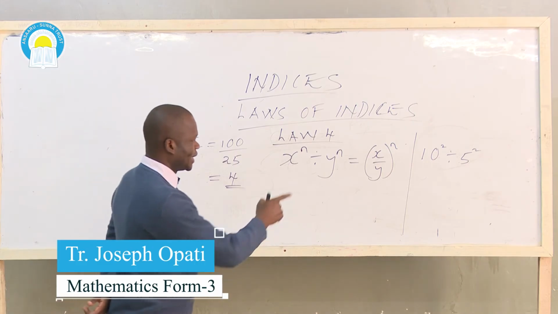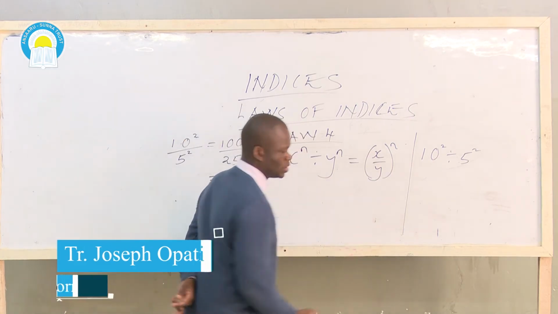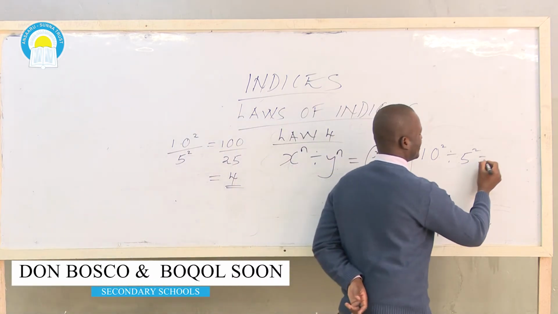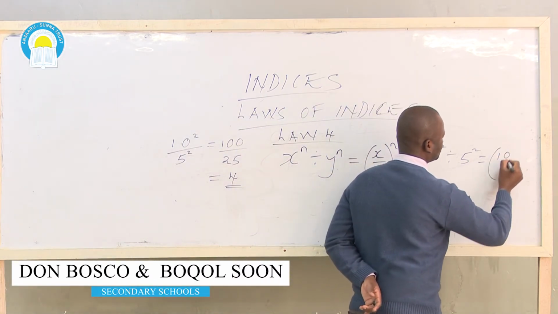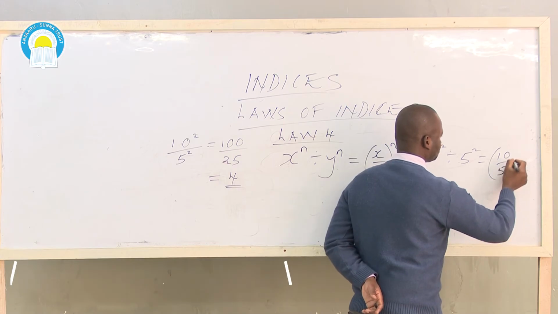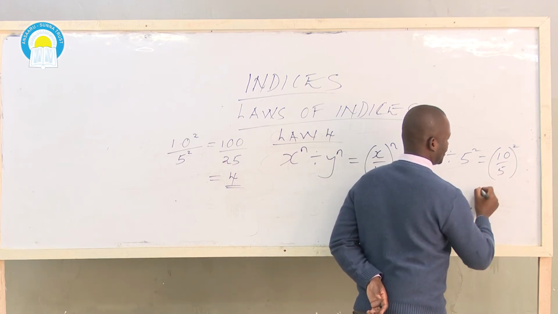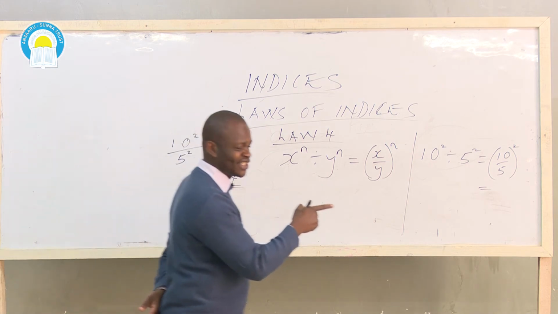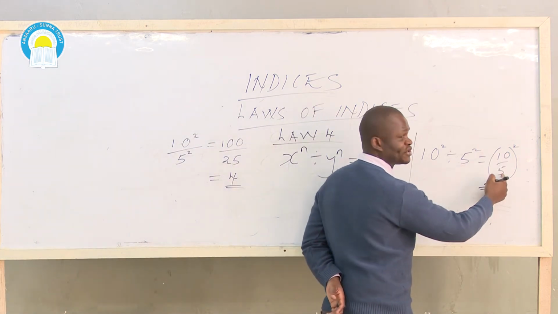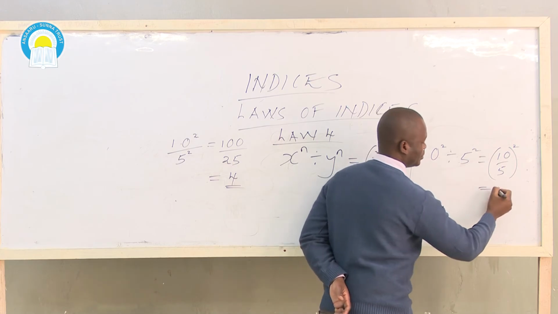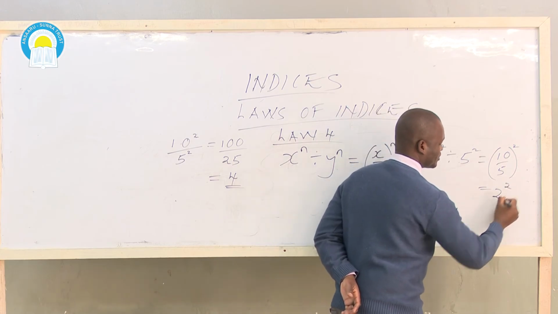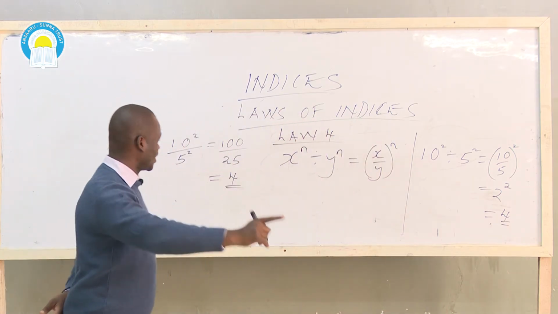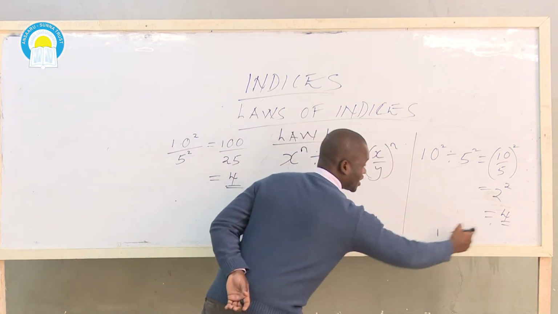Based on this law, we shall have 10 over 5, squared. Then work out what is inside the bracket. 10 over 5 gives you 2. Then you have 2 squared. In the end, we get 4. Virtually the same outcome we got here.